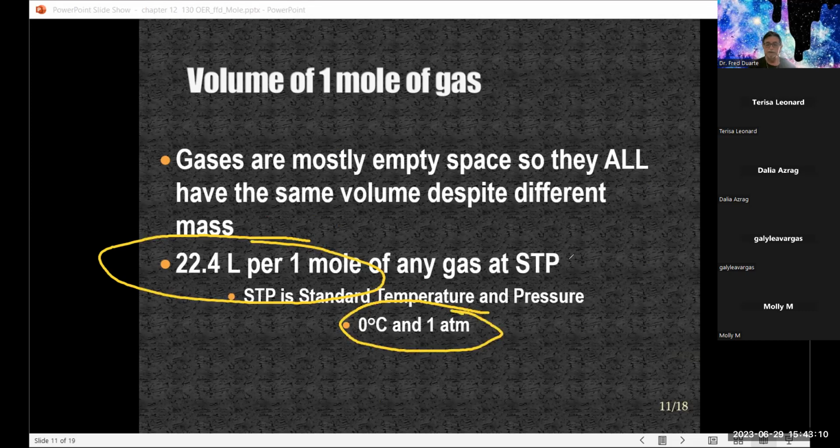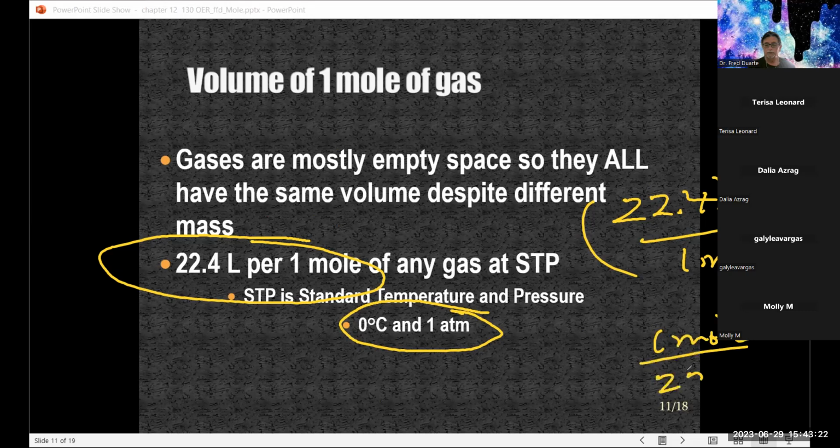This, by the way, is another ratio: 22.4 liters per 1 mole, or 1 mole per 22.4 liters. So here we go again. Our conversion factor, moles, are a common factor.